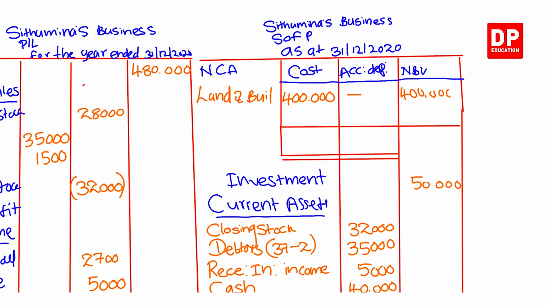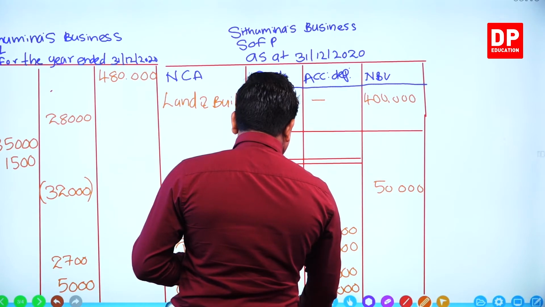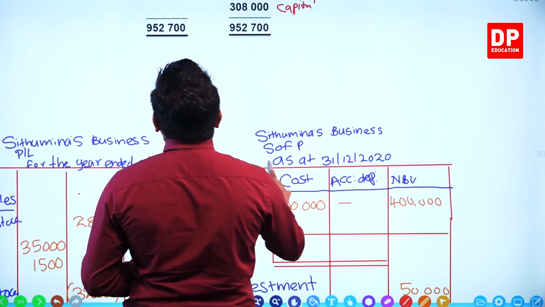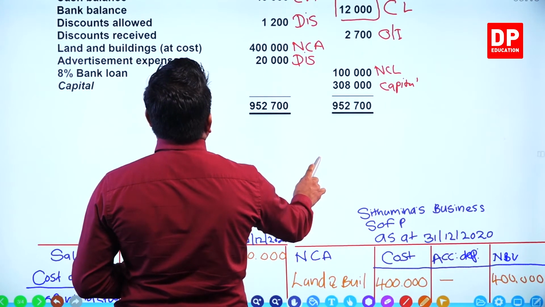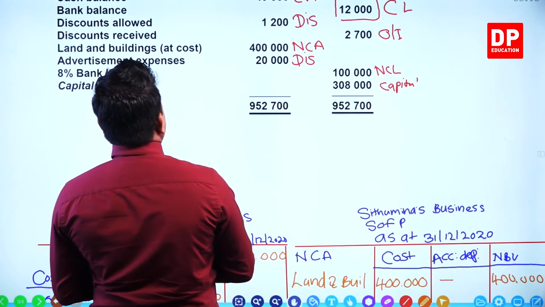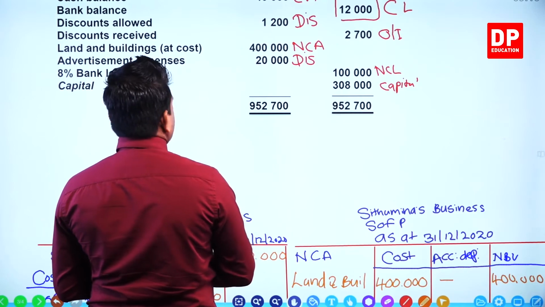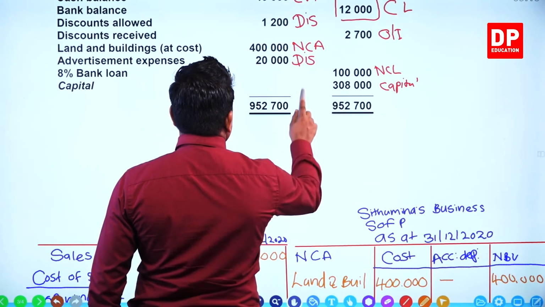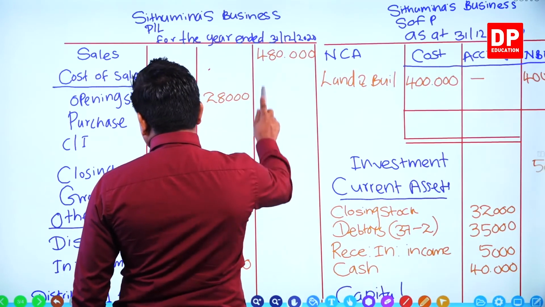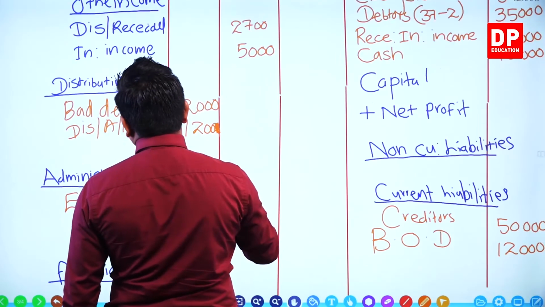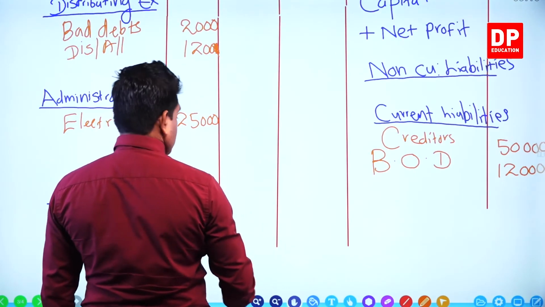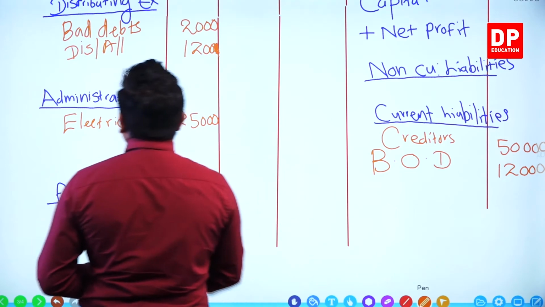You can write same value to the corner because no depreciation, right? Now, advertising 20,000, bank loan 100,000. Advertising 20,000. Distributing expense.